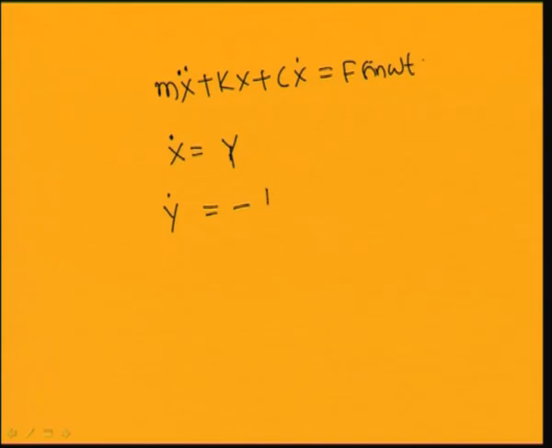That will be equal to f by m sin omega t minus k by m, which is omega n square, times x, minus 2 zeta omega n x dot.